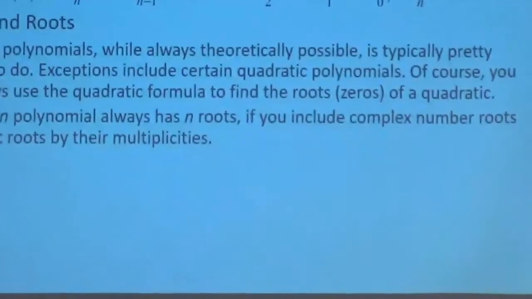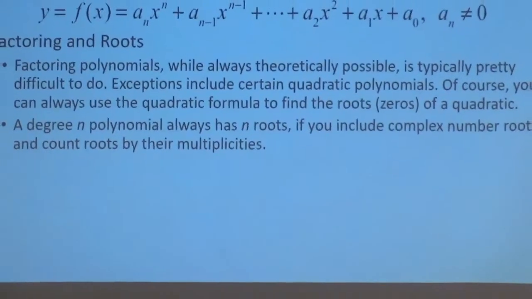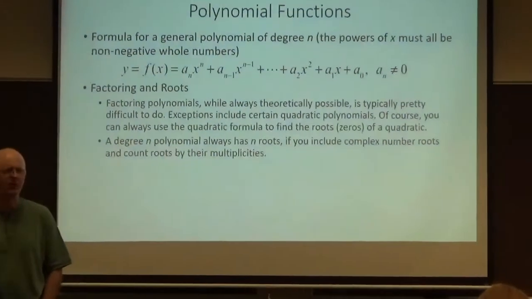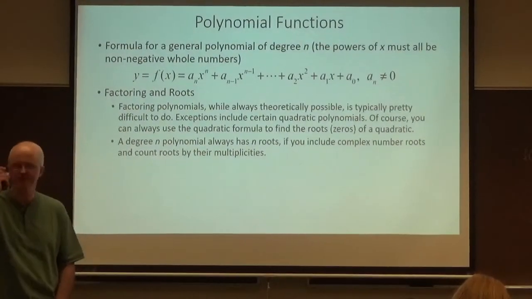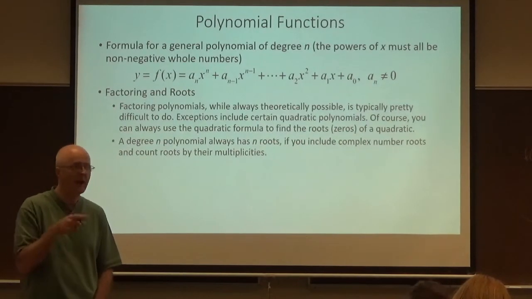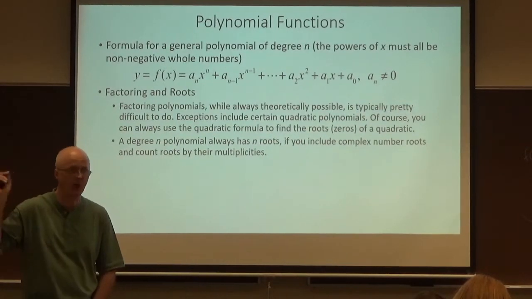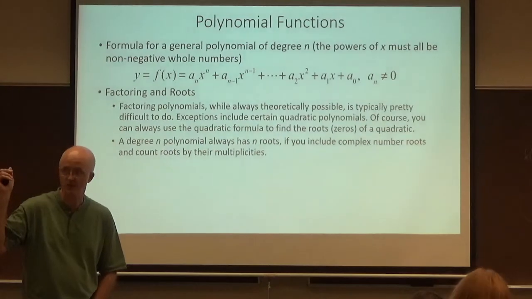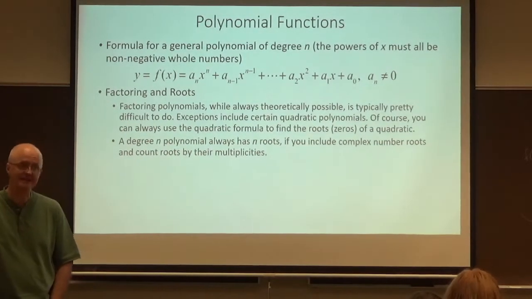A degree n polynomial always has n roots, actually, if you include complex number roots and if you count roots by their multiplicities. So we're not going to be using complex numbers in here. Maybe you've learned about it before. They are actually useful, as I mentioned a week or two ago. If you take differential equations, they're actually useful in that class.